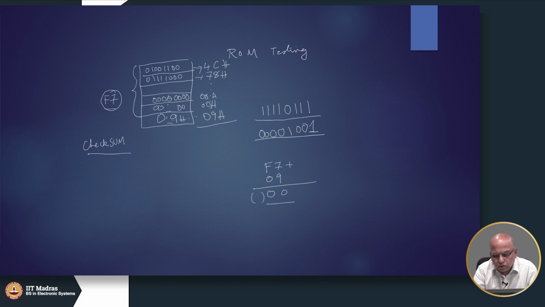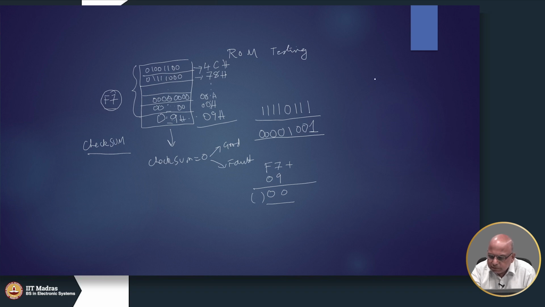Okay. So, when you get this ROM, if you calculate the checksum, that should be 0. So, if the checksum turns out to be 0, then we think it is all right. If it is not 0, that means there is a fault. So, this is also a common way to apply a testing procedure to ROMs.